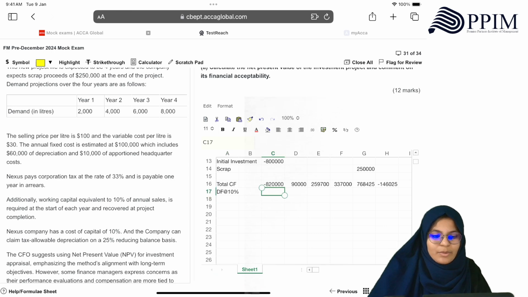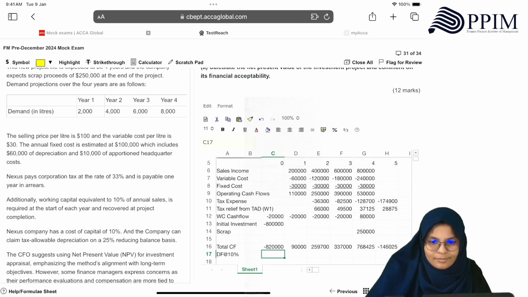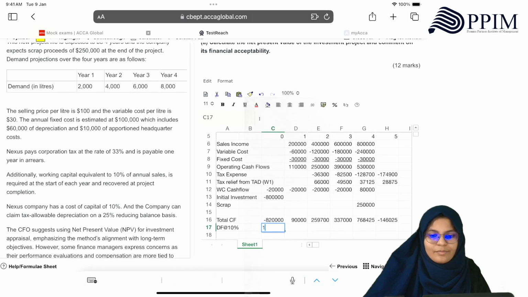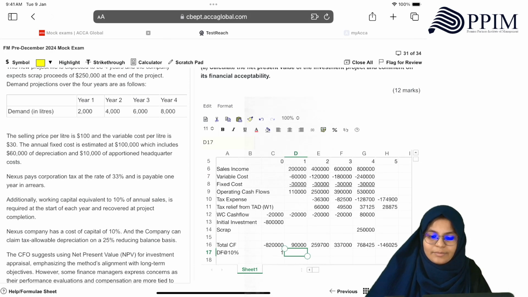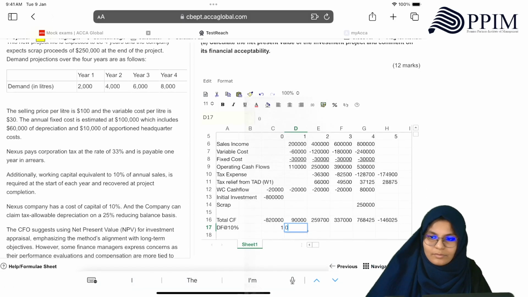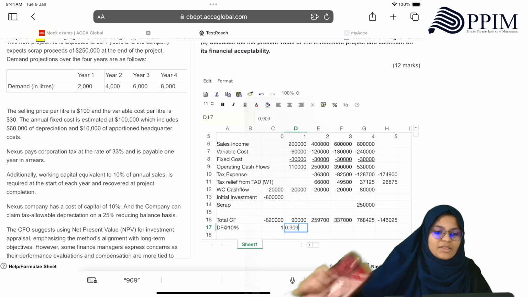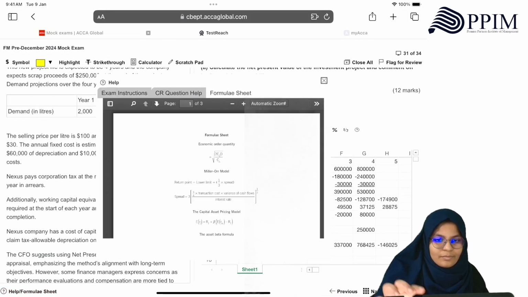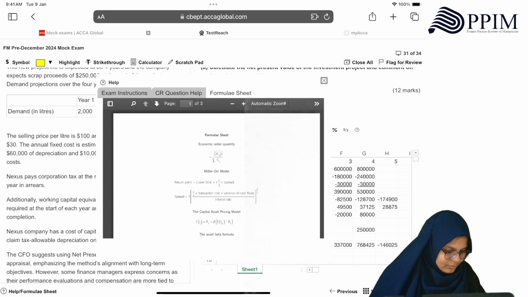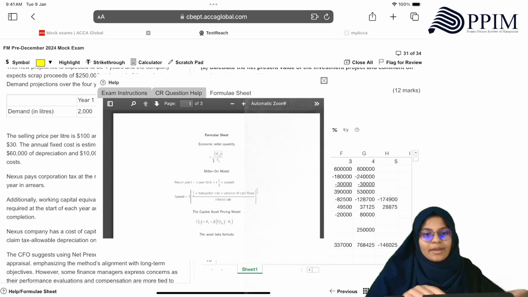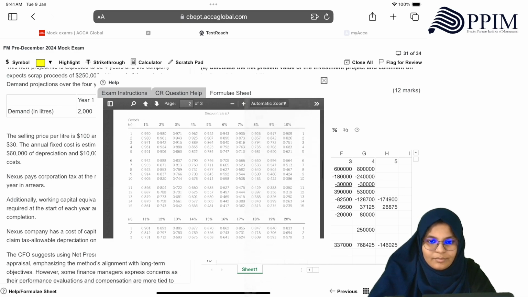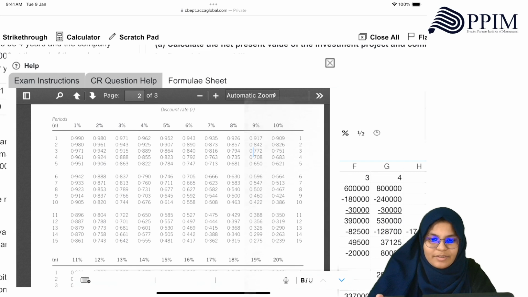Okay, so for year naught it will be 1. Then 0.909, 0.826, 0.751, 0.683.